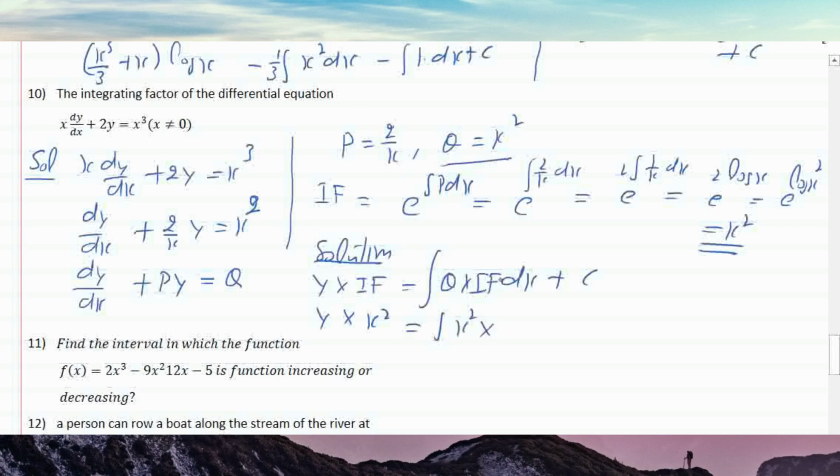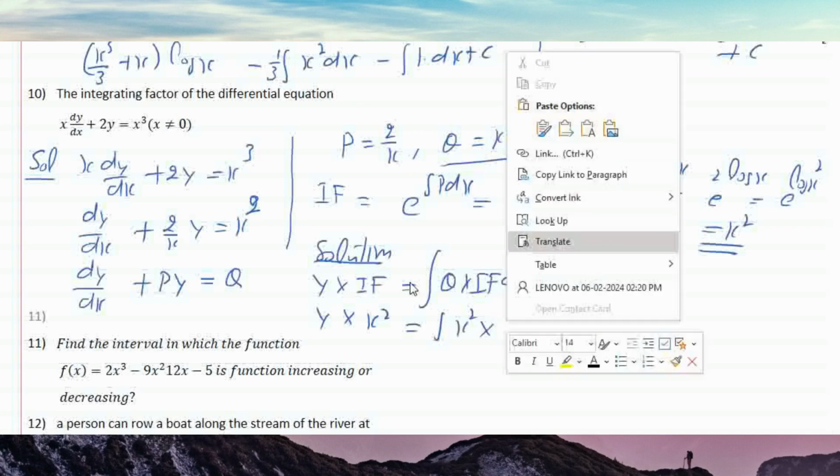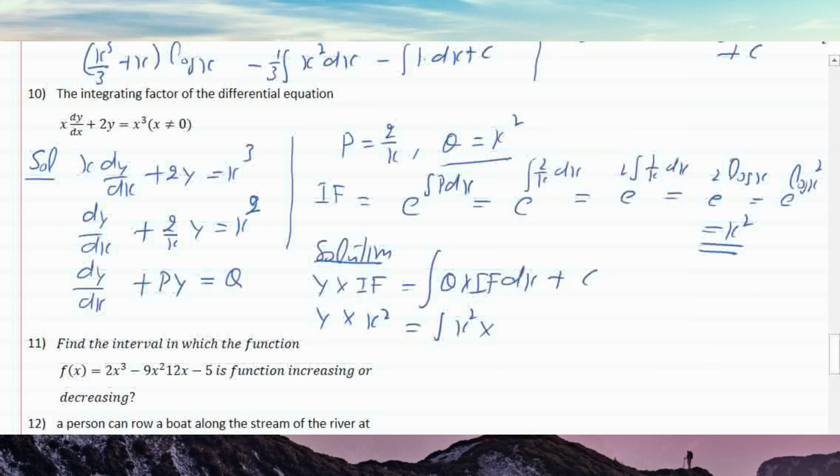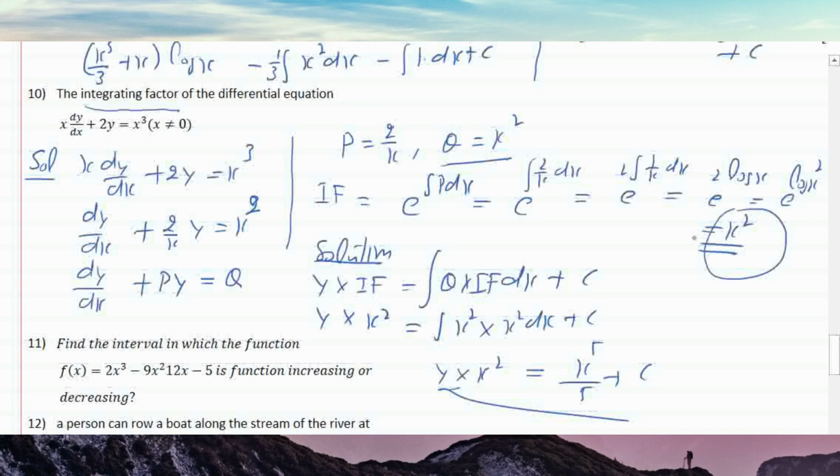And the integrating factor is x square, right? x square dx plus c. So if you simplify it further, this is y into x square is equal to x to the power 4 plus 1, 5, upon 5 plus c. But he is asking to find the integrating factor only. There is no need to find the solution. So the answer to this question remains this, children, right? This is the answer to this question.